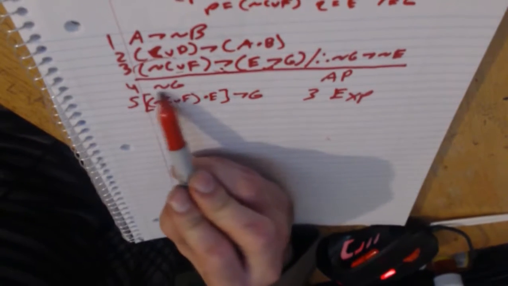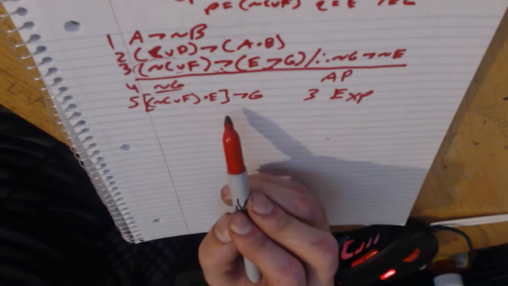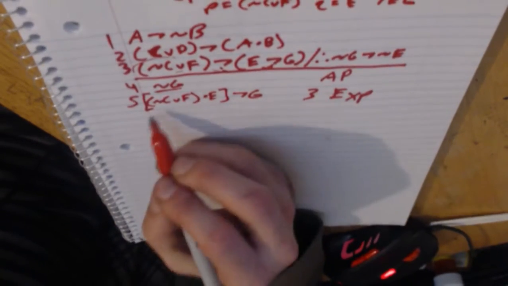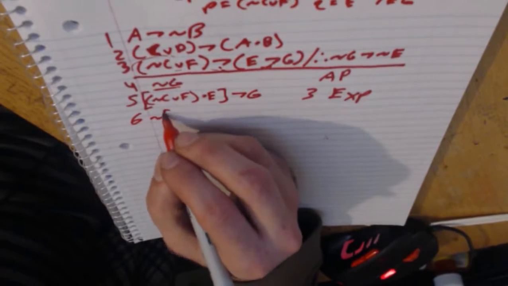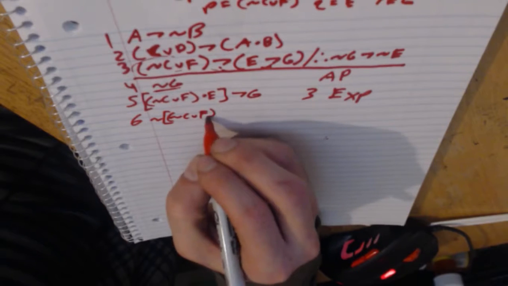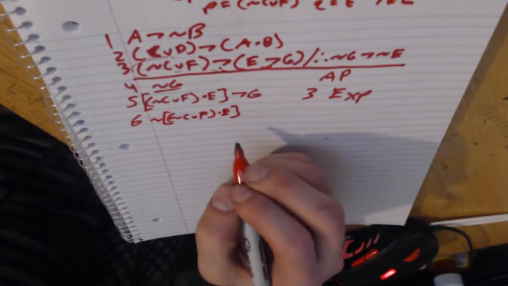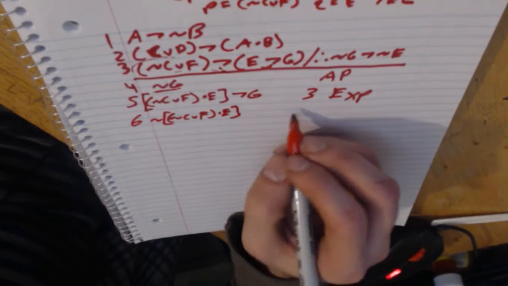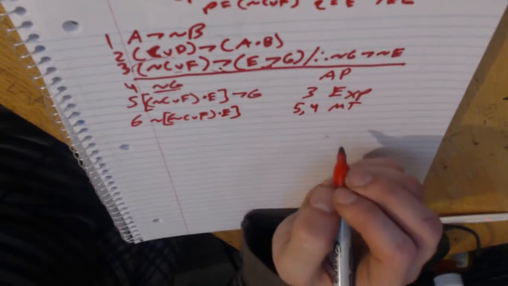Because now we know we have a not G here, we have this G here, so now we can assume this whole thing is not. So 6, not C or F. Be careful with your brackets and your parentheses. Okay. Now that's by 5 and 4. Modus Tollens there.